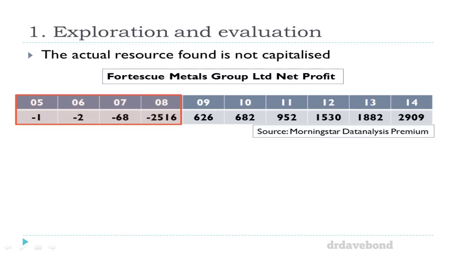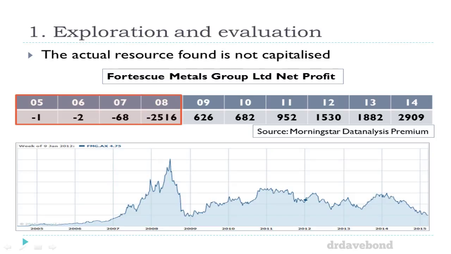Now, normally for an industrial type company, or for most companies that you'd imagine, if you see a loss in the magnitude of $2.5 billion, which direction do you reckon share price would be going? Yeah, you'd expect it to be going down. Now, obviously, the fact that I'm talking about this tends to suggest that's not what happened, and you'd be right. Share price actually went completely the other way.